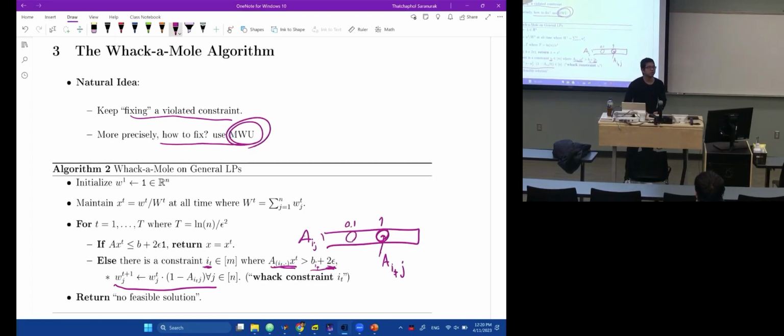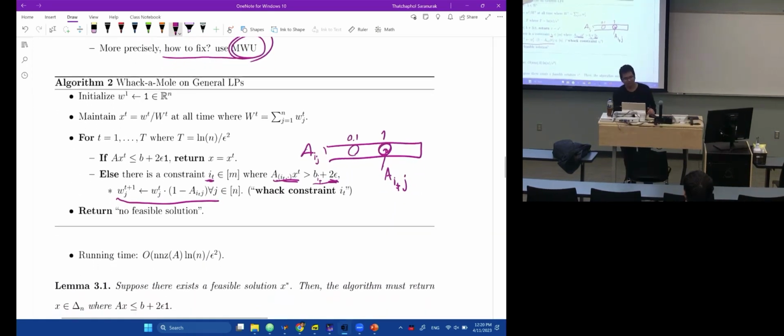Okay, more questions? So what you should have right now is that this algorithm looks natural. Just keep fixing what you want to fix.